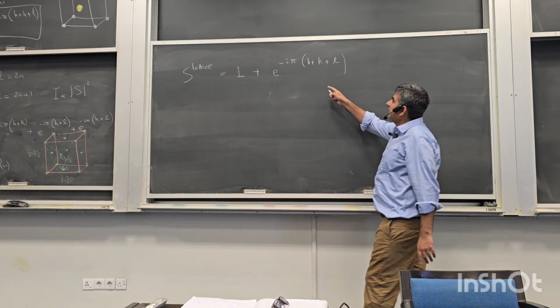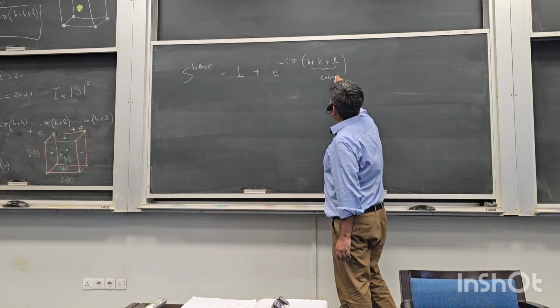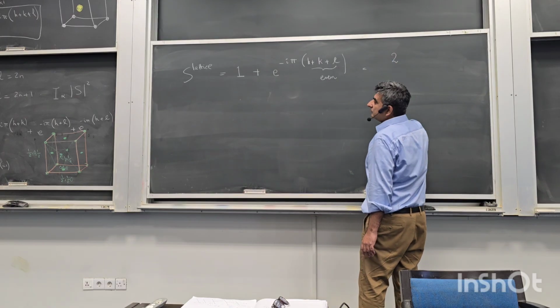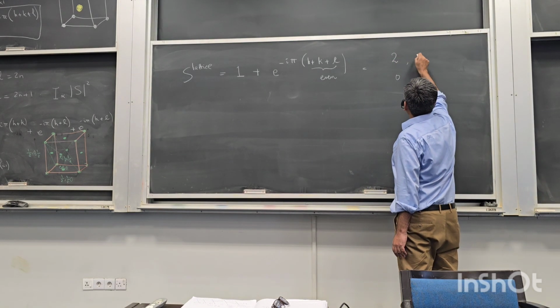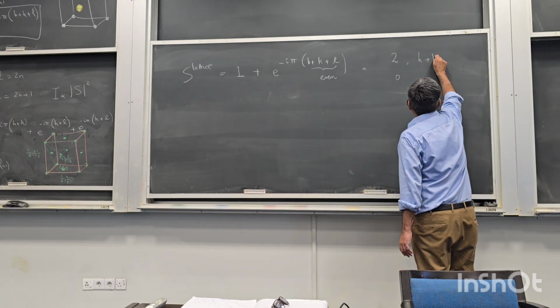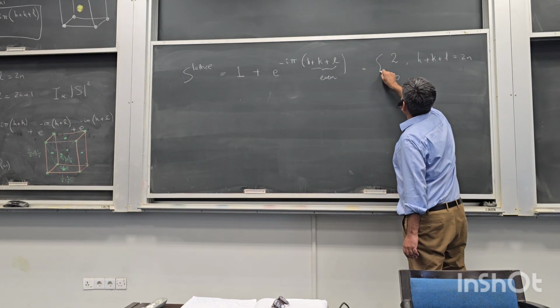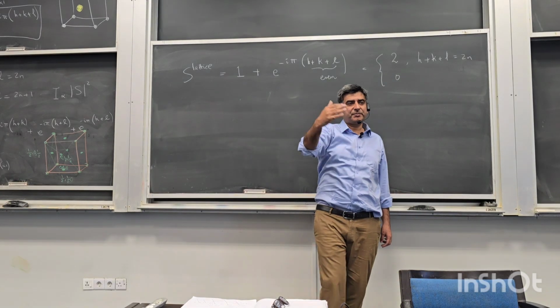So if this sum is even, then this factor becomes 2. And if this sum is odd, this factor becomes 0. So H plus K plus L equals 2n is the condition for this structure factor to be non-zero and for a diffraction peak to exist.